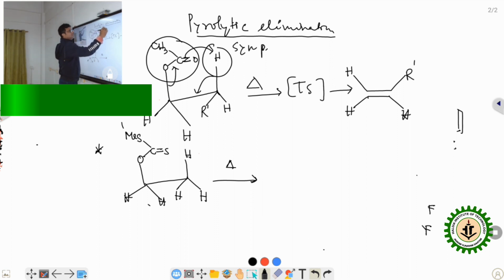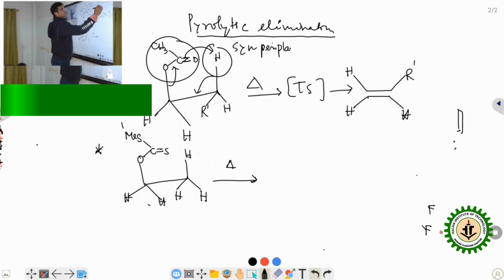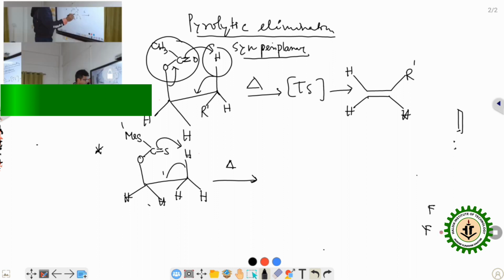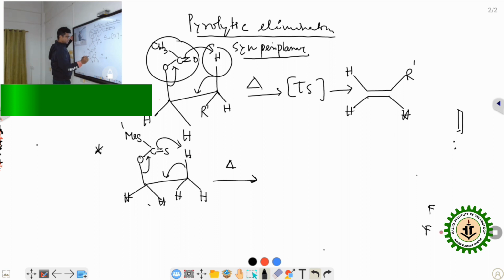Syn periplanar means from the same side. This is the essential condition to undergo this pyrolytic elimination reaction: the eliminated groups must be in a syn periplanar arrangement. Similarly here, this alkene is produced.